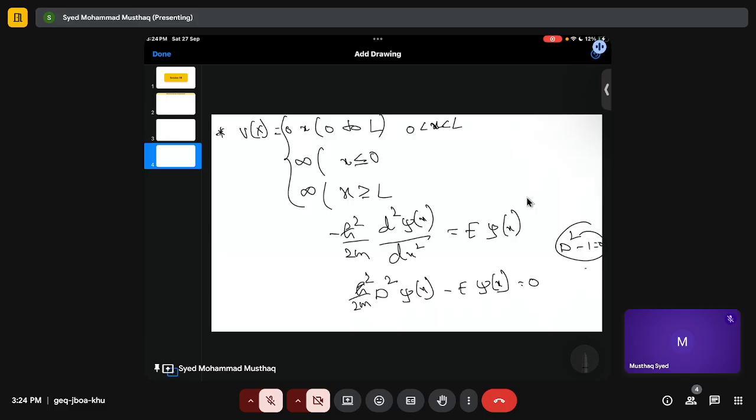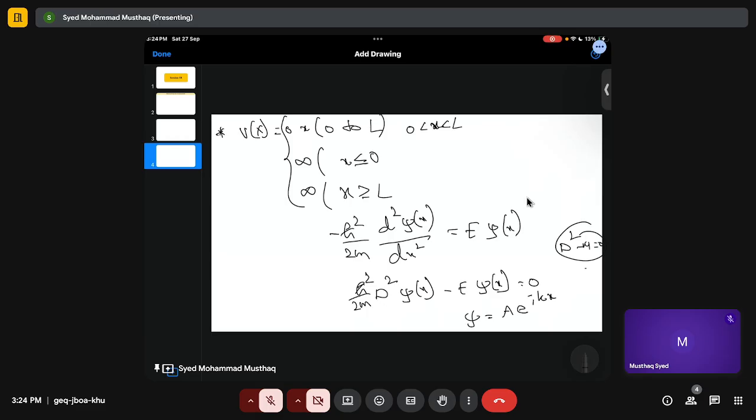It is closely related to that. Then what are the solutions for this differential equation? The solution is psi equals A e to the power i kx. And what is my k? k is my constant, right? How do I get that?